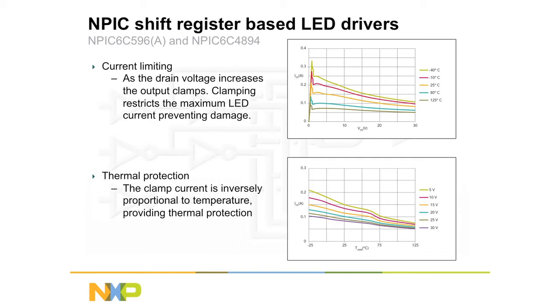Thermal protection is also included in the open drain outputs. As the temperature increases, the output resistance increases, limiting drain source current to prevent damage to the output and the components it is driving. At 25 degrees C, the output typically limits the drain source current to 120 milliamps.